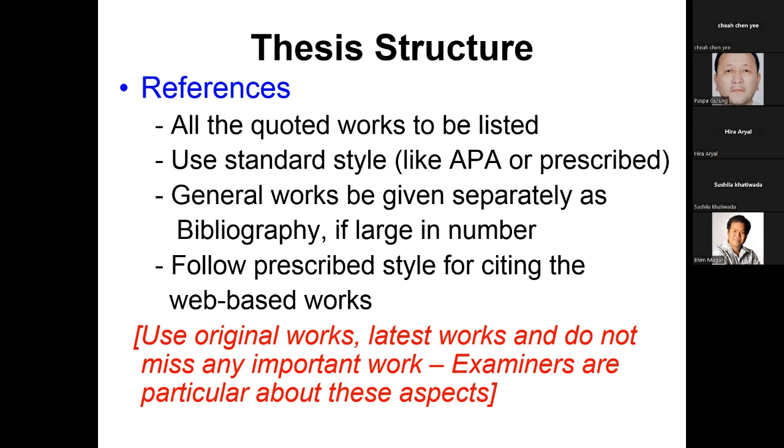So all quoted works are to be listed using a standard style like the APA system, MLA system, or Chicago Manual. Journal works are to be given separately as bibliography if large in number. Then follow the prescribed style for citing web-based works.